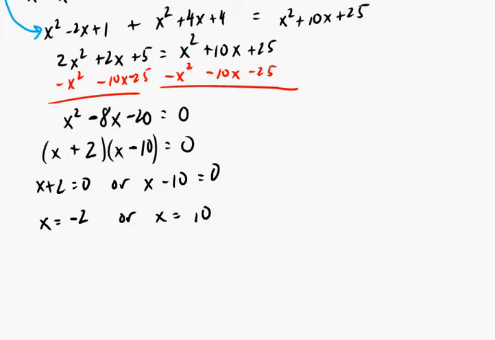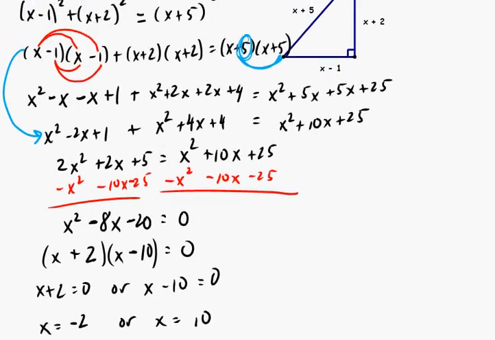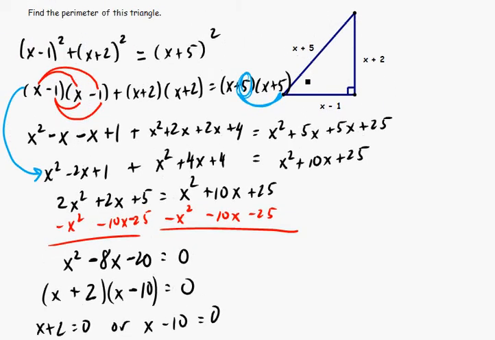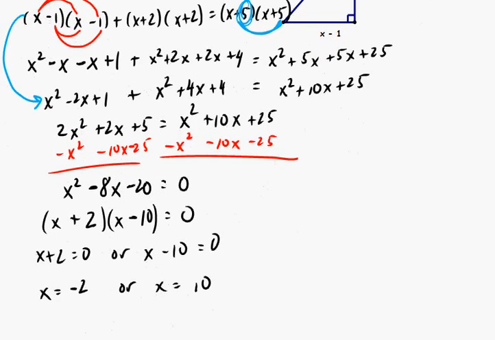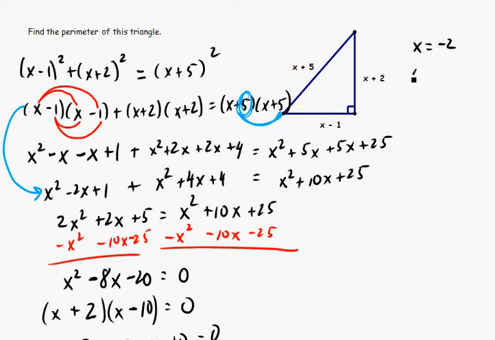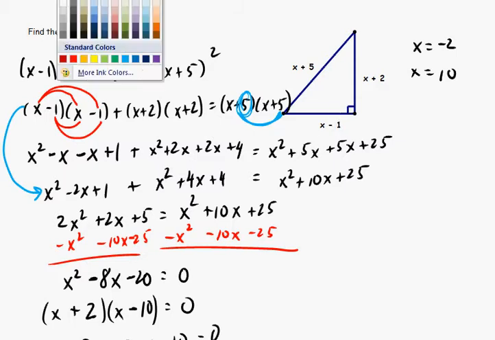Now, let's go back to our diagram. We see that our lengths are these three expressions, x plus 5, x plus 2, and x minus 1. We got two values for x. Those two possible values for x were x equals negative 2 and x equals 10. But you will notice that if you substitute x equals negative 2 into this expression, we would get a negative length, which obviously couldn't happen.